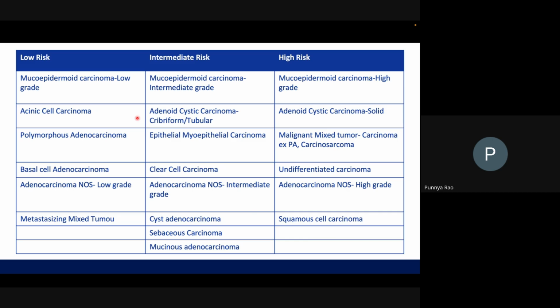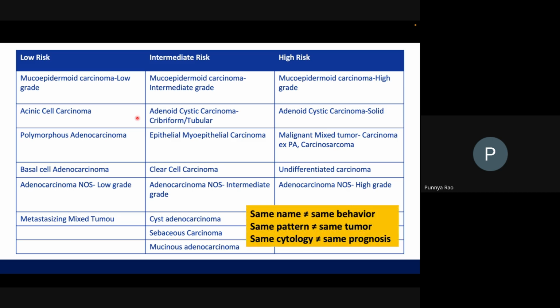But you should remember, same name does not mean same behavior. In the low risk group we have low grade mucoepidermoid carcinoma. We have intermediate risk, again mucoepidermoid carcinoma but of intermediate grade, and the high risk has the high grade. So you have tumors with the same name, but they do not behave the same. And the same pattern does not mean it's the same tumor. The cribriform pattern is traditionally believed to be seen in adenoid cystic carcinoma, but you also find it in other tumors.